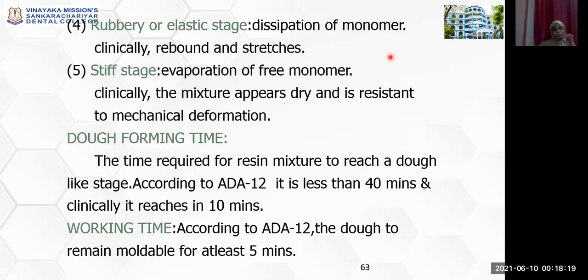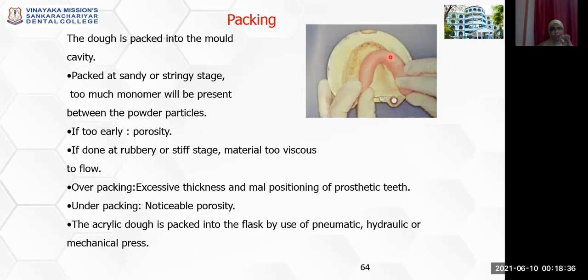The usual time required for a mix to reach a dough-like stage is called the dough forming time, and it's around 10 minutes. The working time, however, is only around 5 minutes. You can't pack it too early, like in the sandy stage; if you do, you will have porosities.